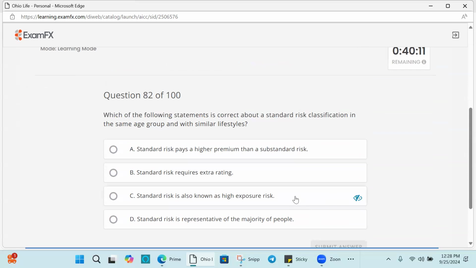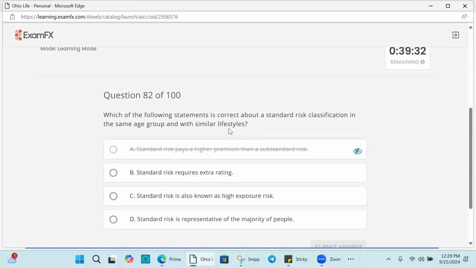Which of the following statements is correct about a standard risk classification in the same age group and with similar lifestyle? Standard risk requires extra rating. Standard is also known as high exposure risk. Standard risk is a representative of the majority of the people. The standard risk pays a higher premium. Colonel, you're going to have to help me with this, sir.